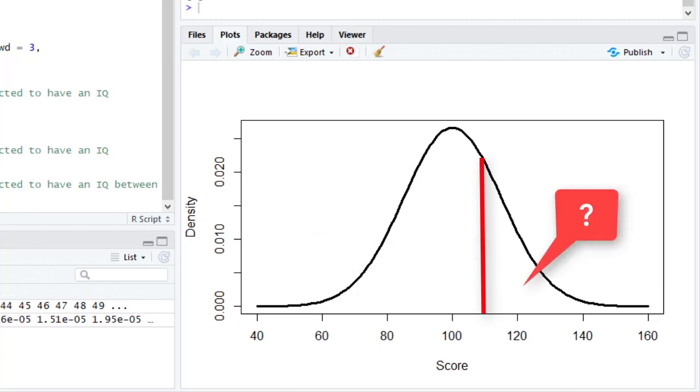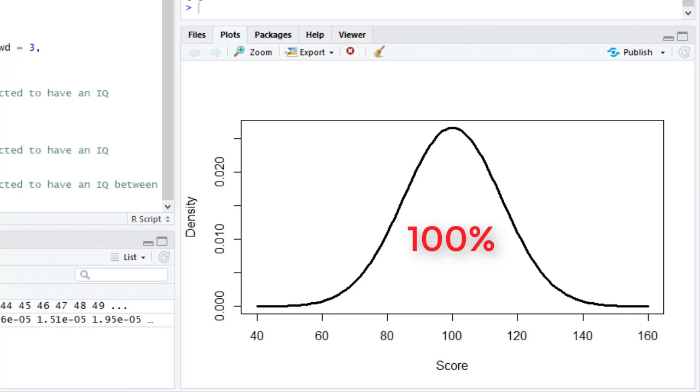Can you think of a clever way to use p-norm to calculate the proportion of children who will score above 110? Here's a hint. The normal curve represents the entire distribution. In other words, it represents 100% of the scores. The percentage 100% written as a proportion is 1.